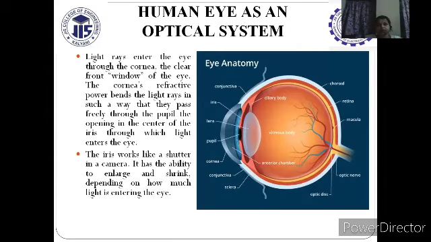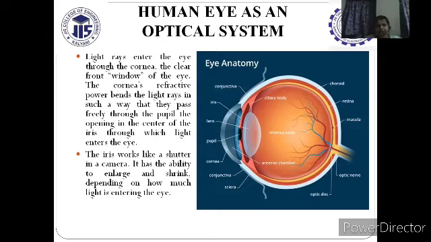Next part is the human eye as an optical system. Without the eye, you cannot visualize anything, so it is a very important part. This is the anatomy of the human eye. Here you can see light first enters the eye through the cornea, the clear front window of the eye.